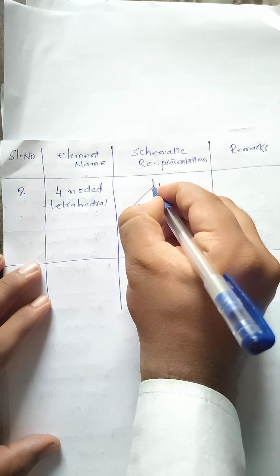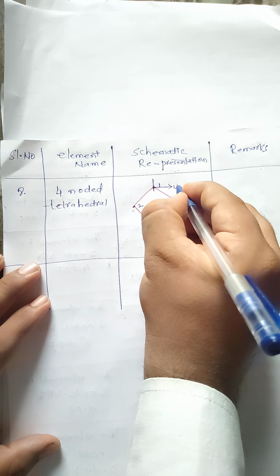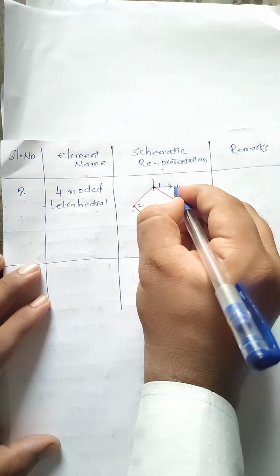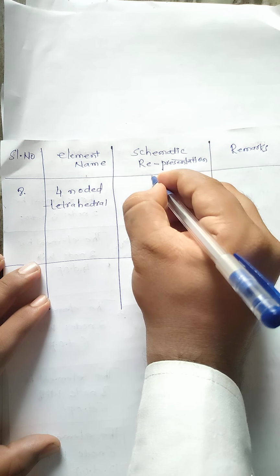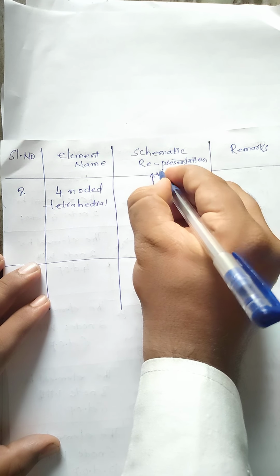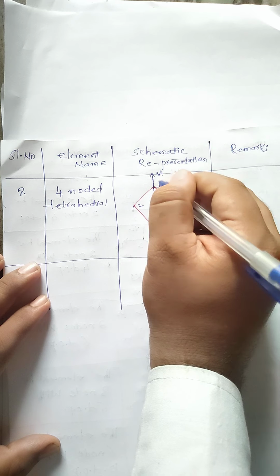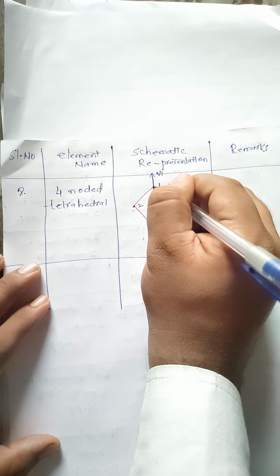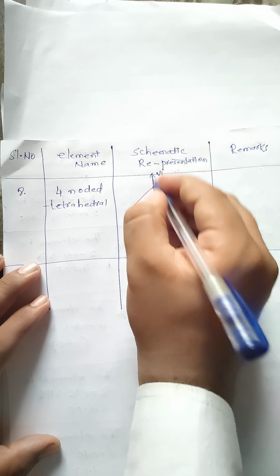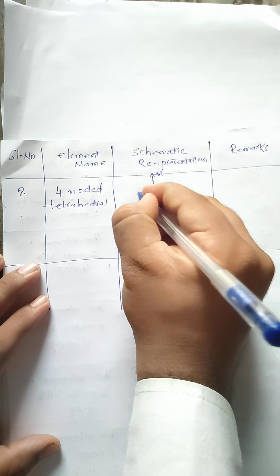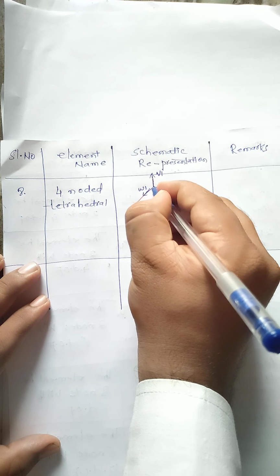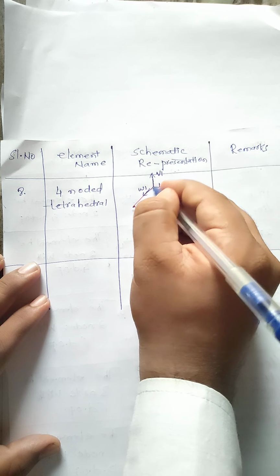This is u1, displacement u1 acting in the x direction, displacement v1 acting at node 1 in the vertical direction, displacement w1 acting at node 1 in the z direction.